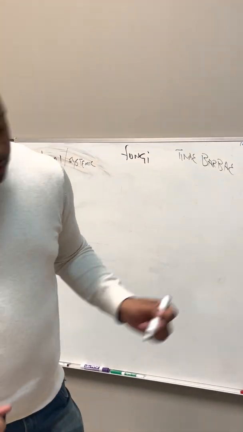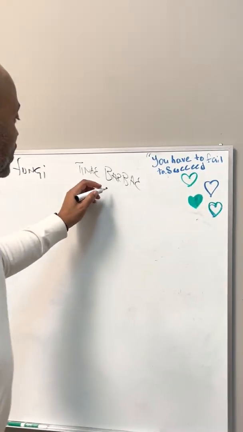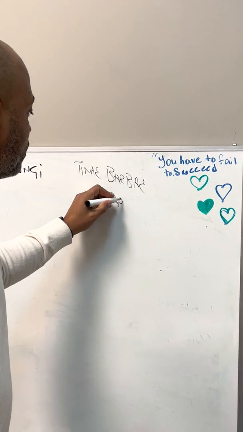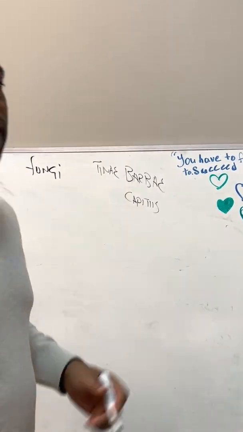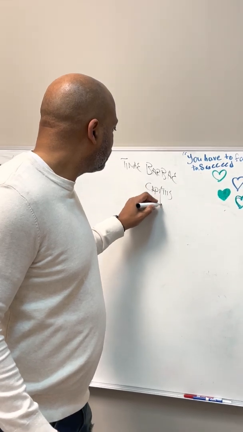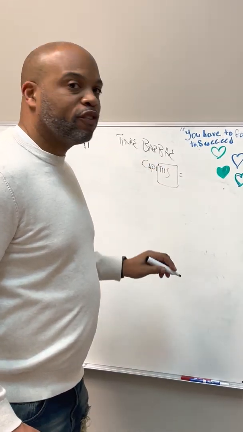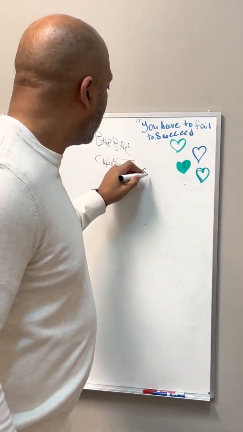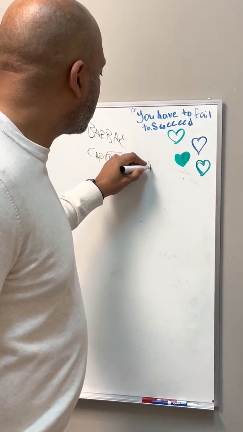The other one that we want you to look at is Tenea capitatis. Now, just so you know, itis is the Greek word for enlarged.